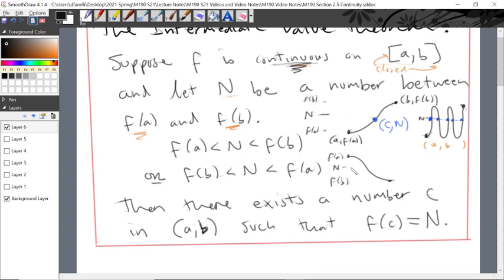It would still be the case that no matter what value of n we choose between these two, there is going to have to be at least one point on the curve. It could be multiple points again, such that there is some value c that is between a and b, somewhere in this open interval, there would have to be at least one value of c such that the output would be n. This has to be true by continuity on the closed interval.